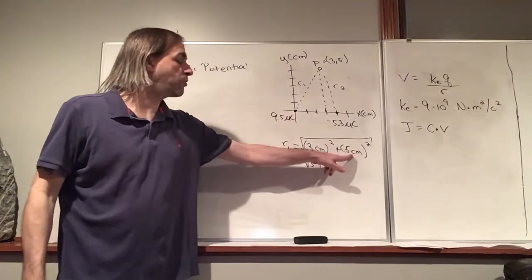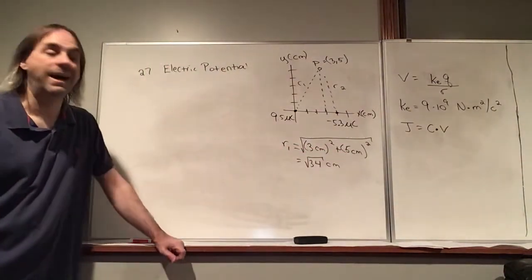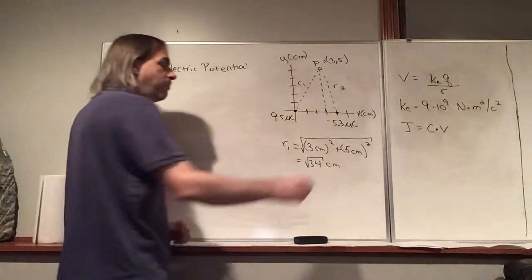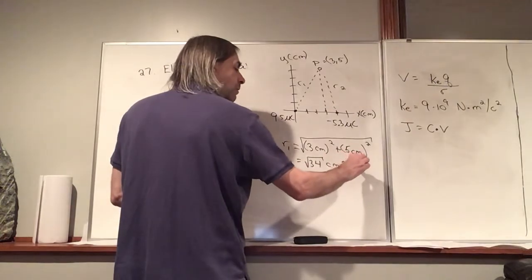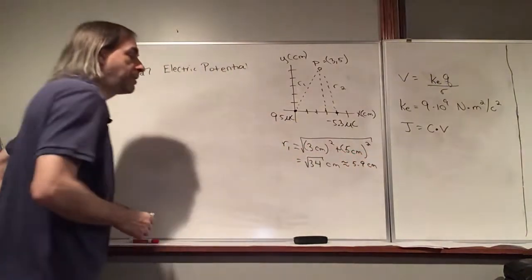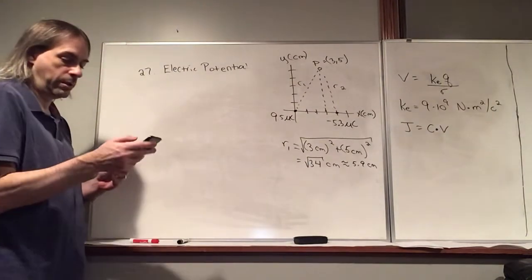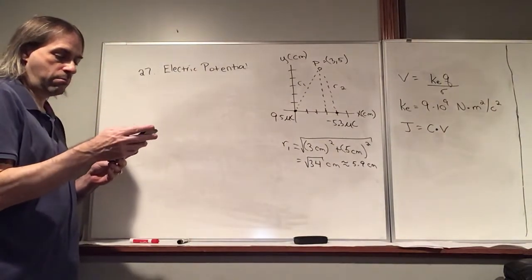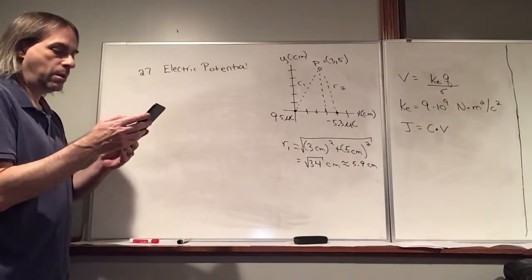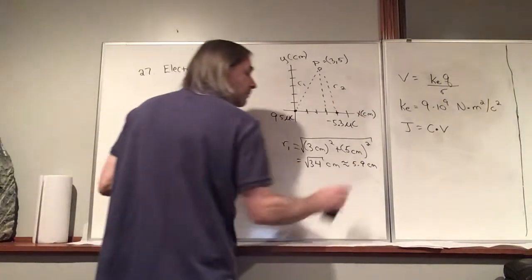So 5 squared is 25, 3 squared is 9, add them up, 34. So this is around 5.9 centimeters. 6 squared is 36, so we have to be a little bit less than that. Okay, 5.83.